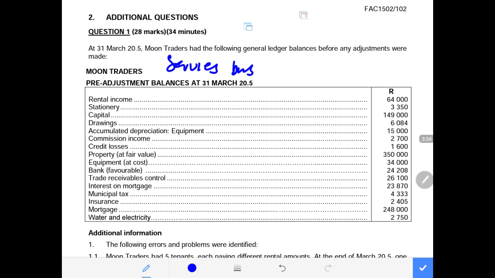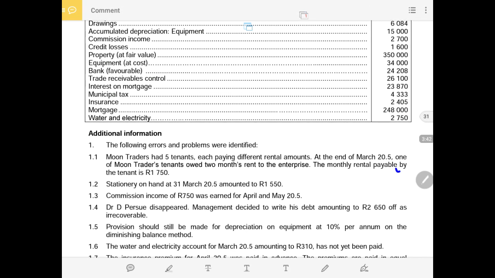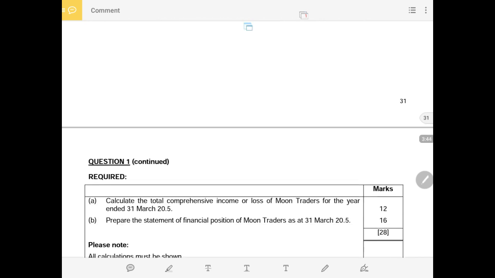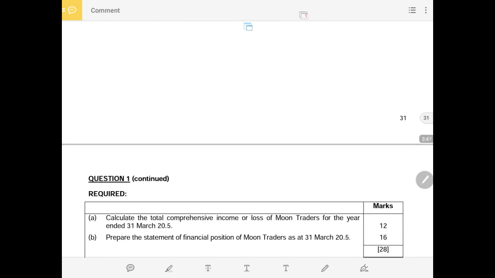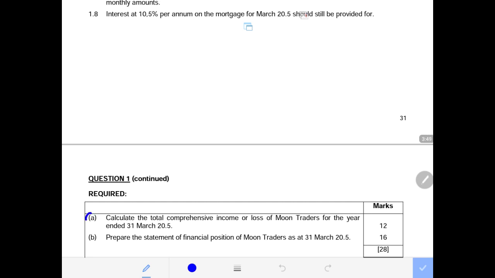Now, a service business does not have cost of sales when we do the income statement. That means in such businesses, when we do the statement of comprehensive income, you will not see us saying cost of sales. We'll just say income, whatever income the business is making, or commission income, or rental income if it's rental income.